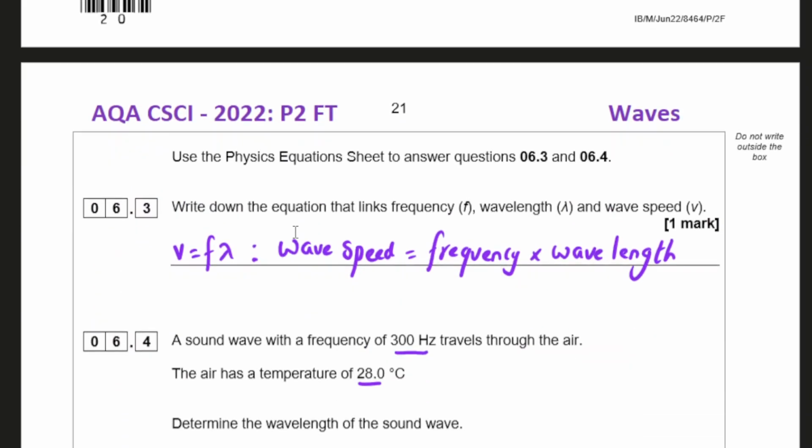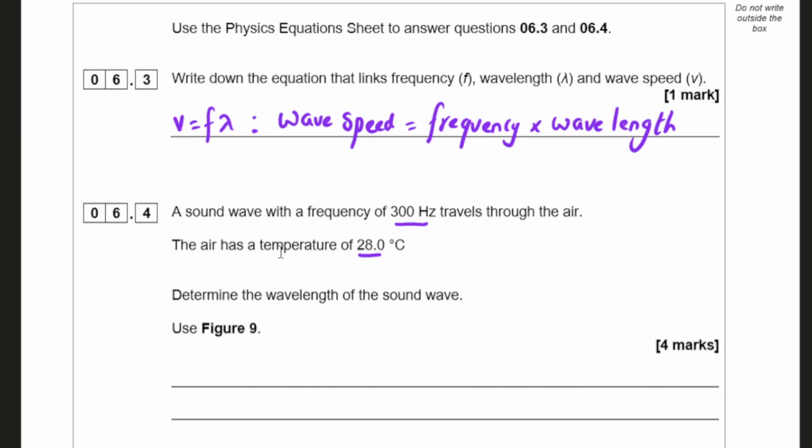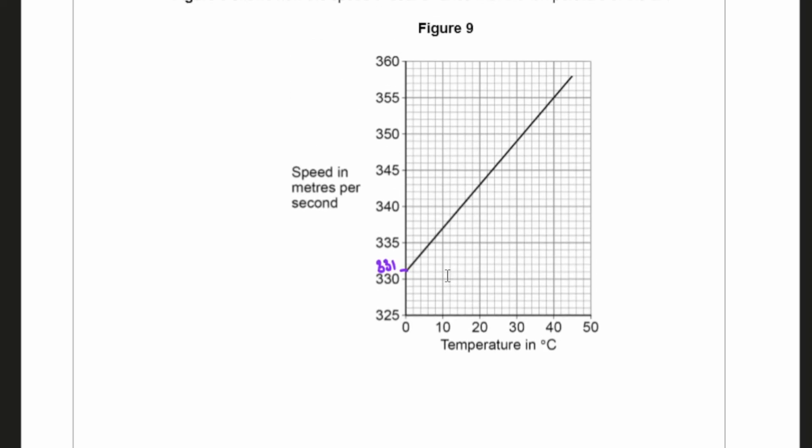Now the wave speed is going to come from the graph. The temperature of the air is 28 degrees. So that's 5 boxes here. So 10 divided by 5 is 2 degrees Celsius each box. So that's 20. 28 is going to be over here.